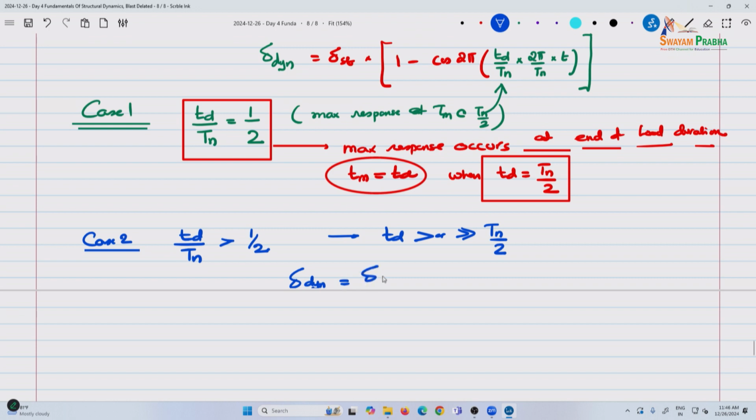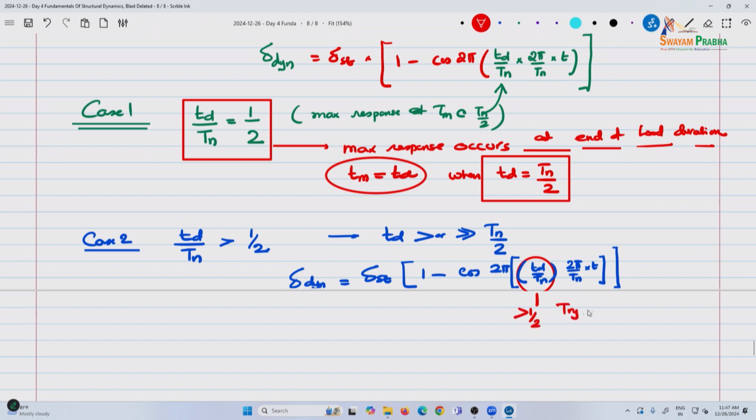Because you can play around with these numbers, 1 minus cosine, 2 pi, you can put Td by Tn, then 2 pi by Tn multiplied by T. We are not changing T. You are saying that this part is greater than half.